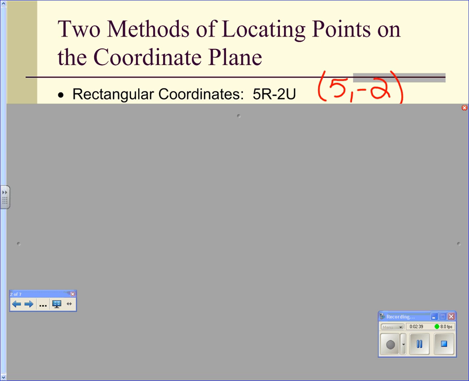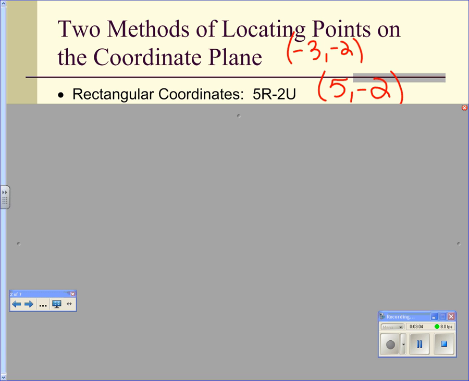That's how I remember what the R and the U mean. So what would that look like? -3R and then -2U. R is basically X. Does that make sense?